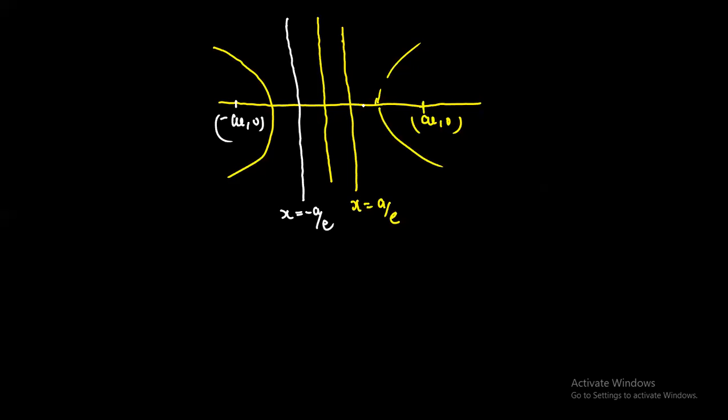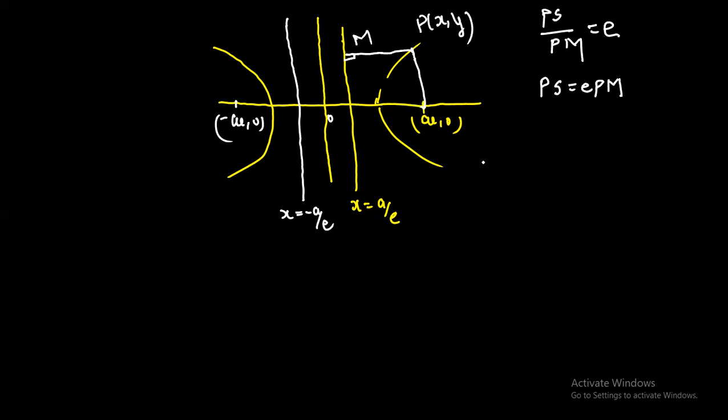I have taken one point, x comma y, and I'm measuring the distance from the focus, which means its distance from the corresponding directrix. This is PM. So PS upon PM is equal to e, so PS is equal to e times PM. Let's calculate e times PM.